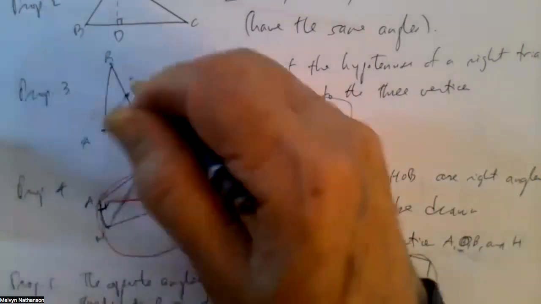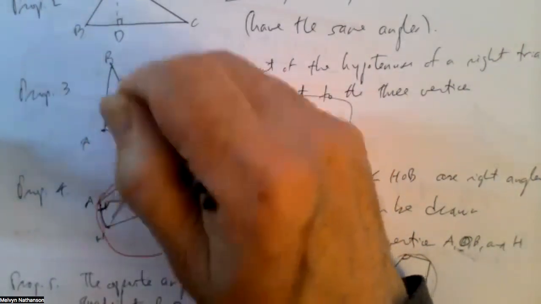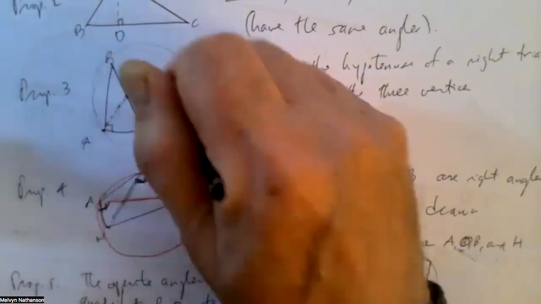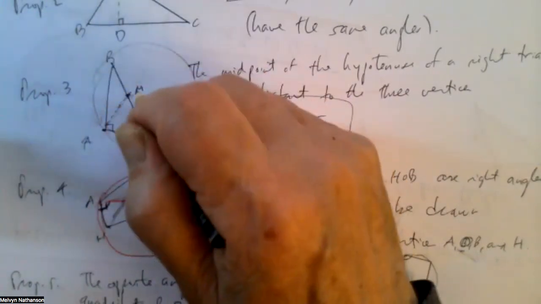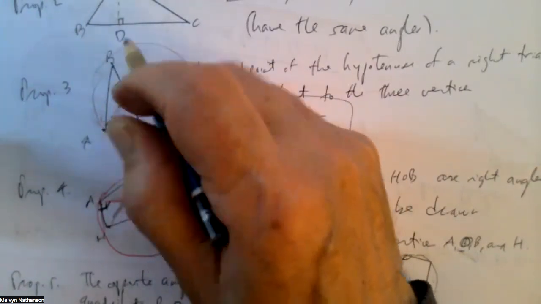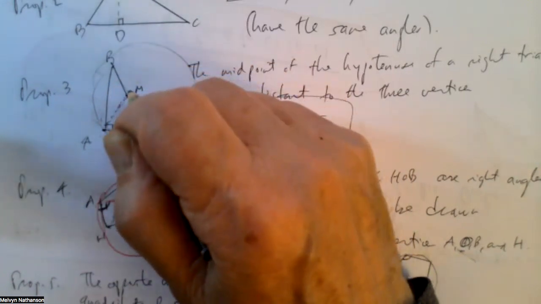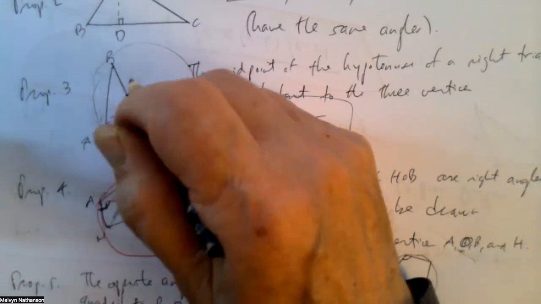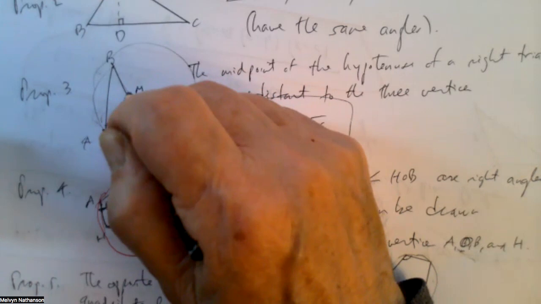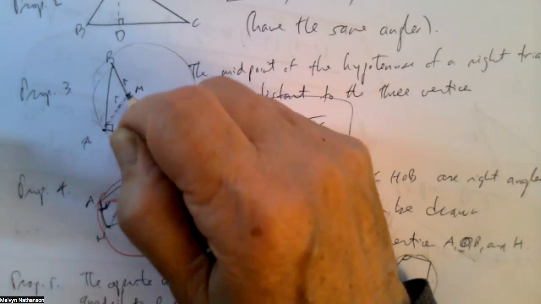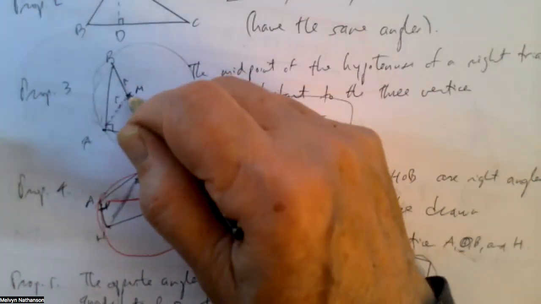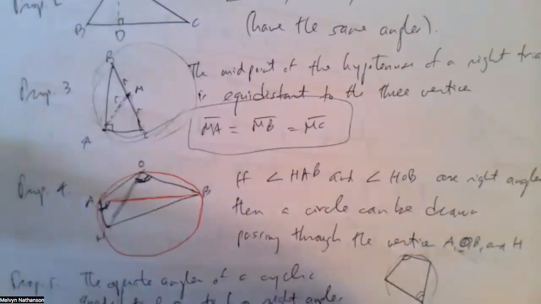You just draw the circle with center at M, with this as the radius, and it'll go through these three points, because a circle with a given radius is all points with that distance. The circle with radius R and center M is all points whose distance to M is R. So if this is R and this is R and this is R, then the circle with radius R and center at M certainly goes through these three points.